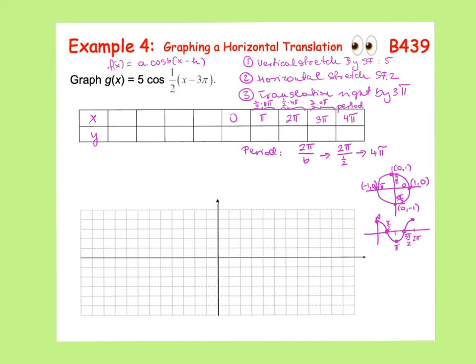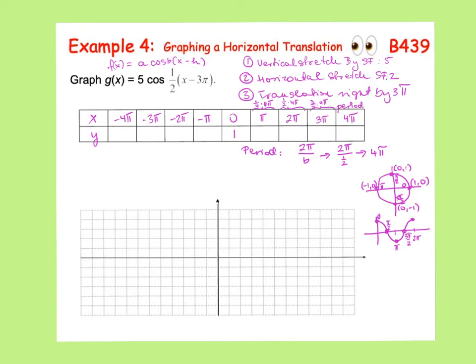Let's go to the negative direction: negative pi, negative 2 pi, negative 3 pi, and negative 4 pi. And we are now going to write down our y coordinates with the horizontal stretch included. So we start on the maximum, right?